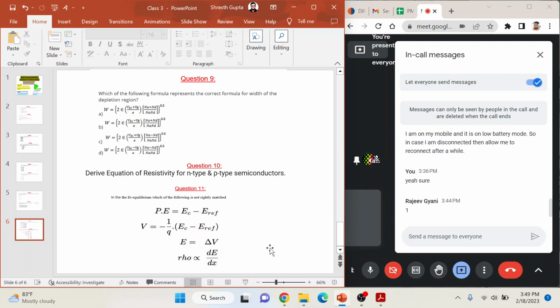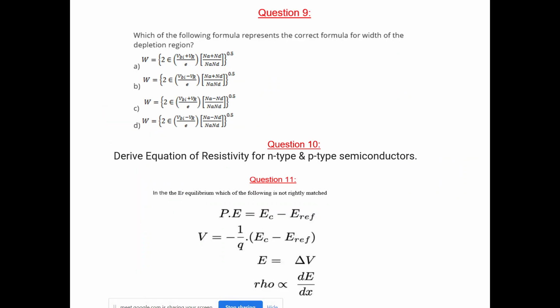Please zoom a bit. Okay. Sir, B. Okay. Has your sir done the derivation of this equation in the class till now or not?